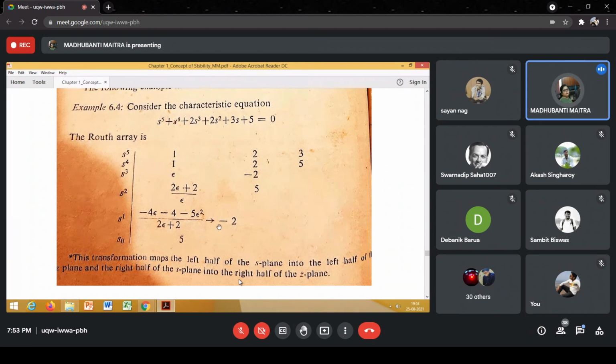Positive to negative, one sign change, then again negative to positive, the second sign change. So the number of sign changes is equal to 2. That means 2 roots of the characteristic equation will lie in the right half of the S plane.